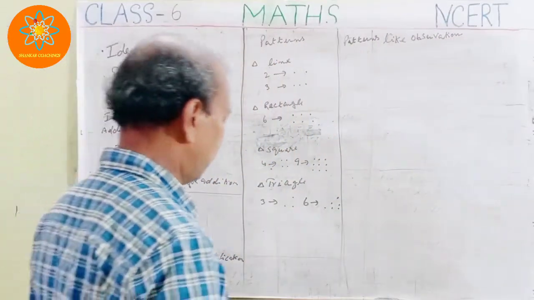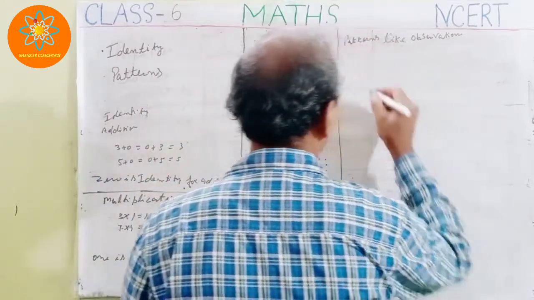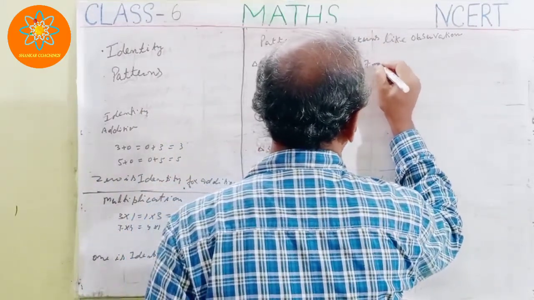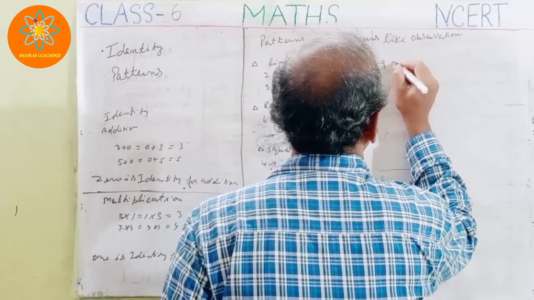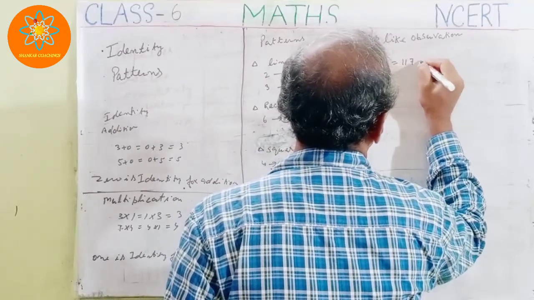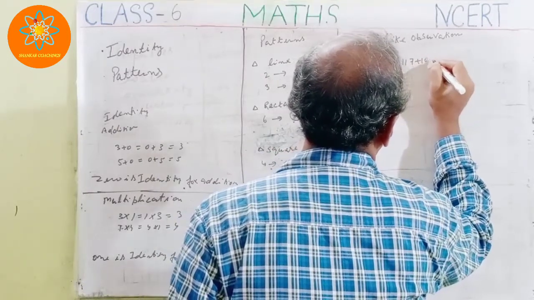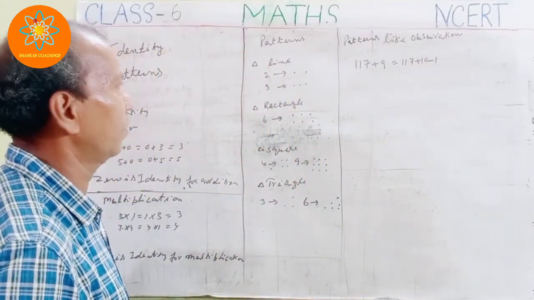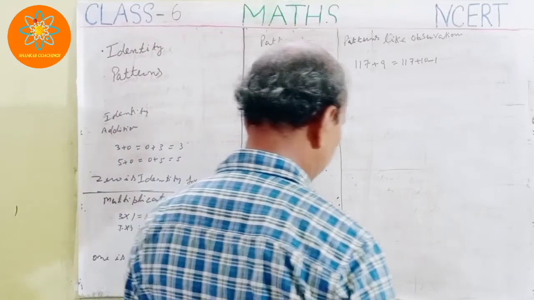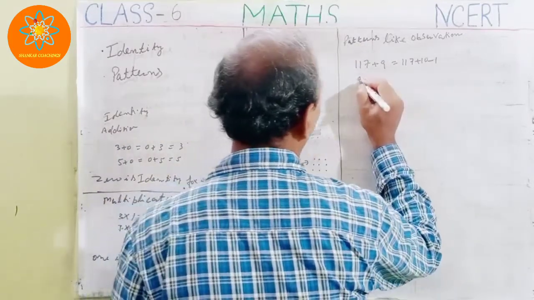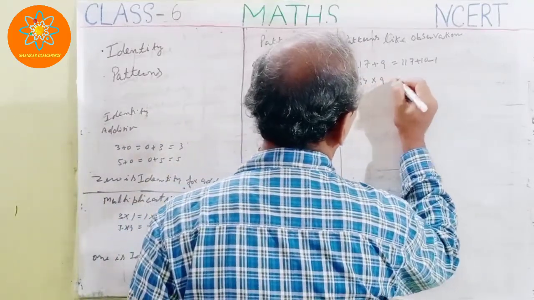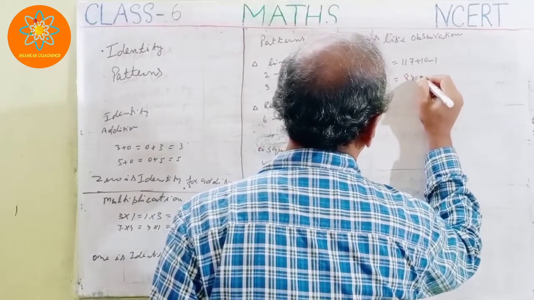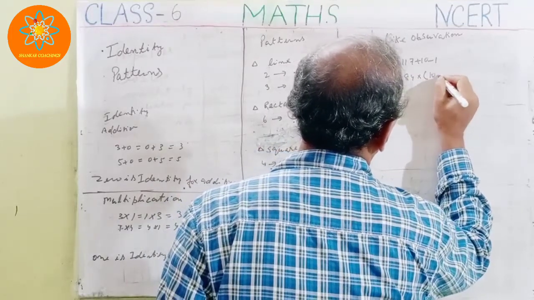For example, I have 117 plus 9. This I can write as 117 plus 10 minus 1. I can write in this way. Then the next one is 84 into 9. This I can write as 84 into 10 minus 1.